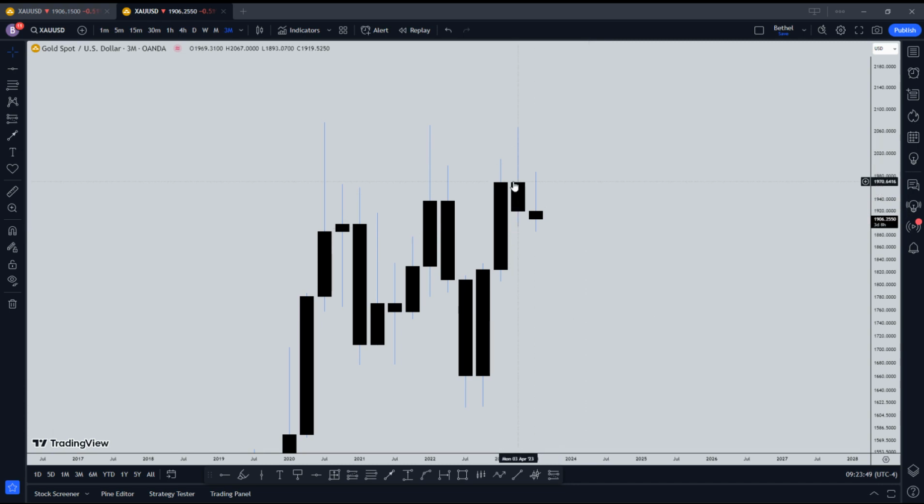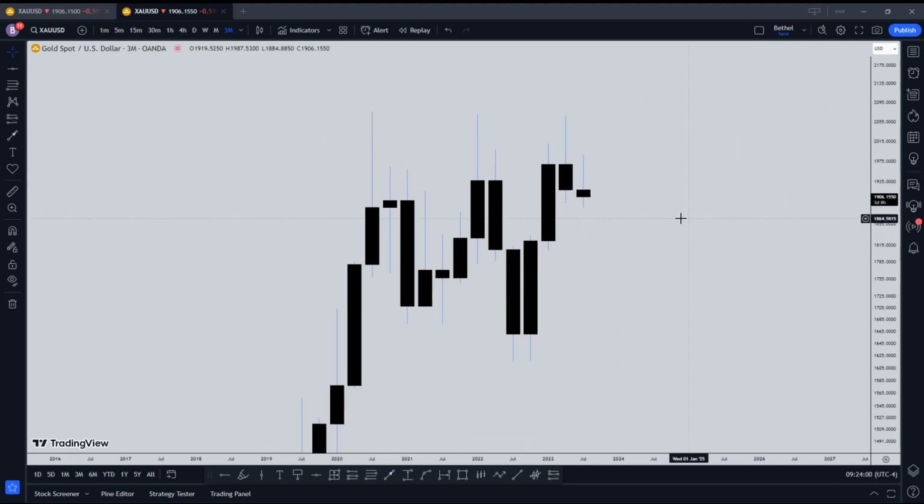Here people started taking money from the markets, and that's why I have this long wick from here, and then we push down and turn bearish. What you can see here is lower high, lower high, lower high. You had this first high that came in, I think July 2020, after COVID, we made this spike high and closed.